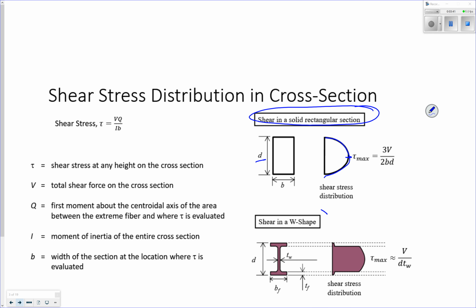Now, if you look at a W shape or an I-beam, your width at the edges, at the top and bottom, is considerably wider than the width of your web. The width of your flange is wider than the width of your web. So, since we're usually dividing the shear over that width, there's not really a lot of shear stress in flanges, and it's all concentrated in the web.